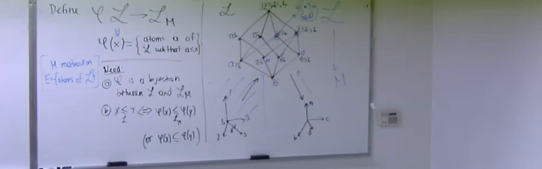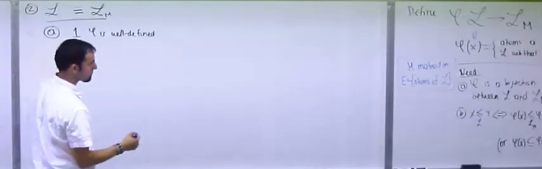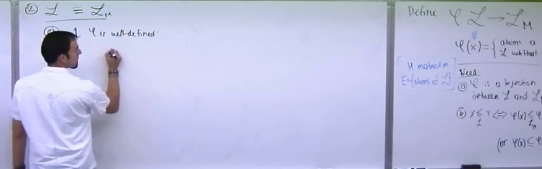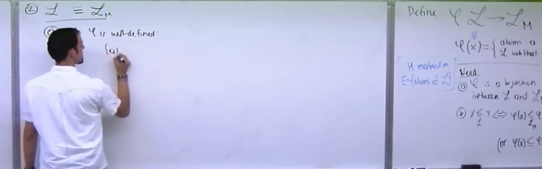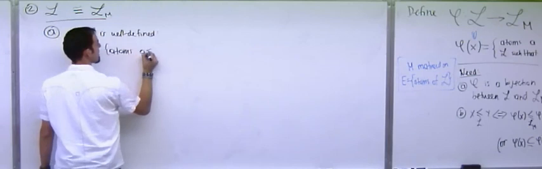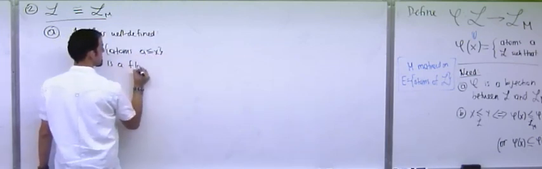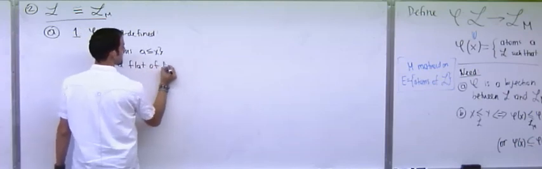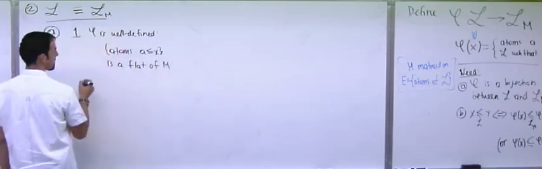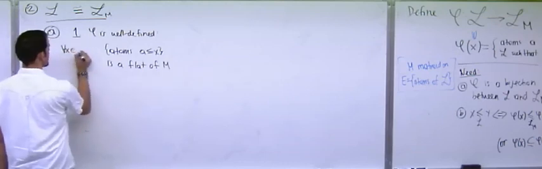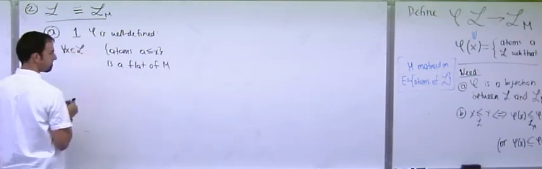In other words, the set of atoms A less than X is a flat of M, for all X in the lattice.